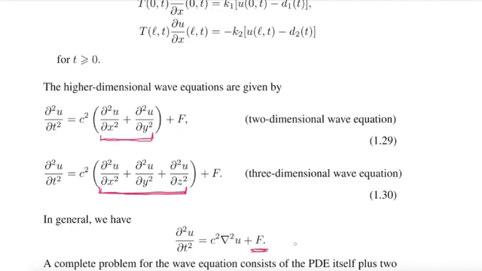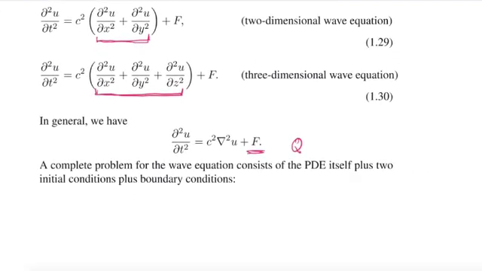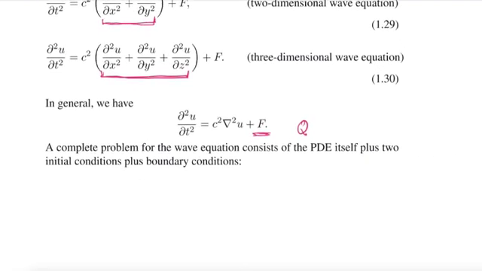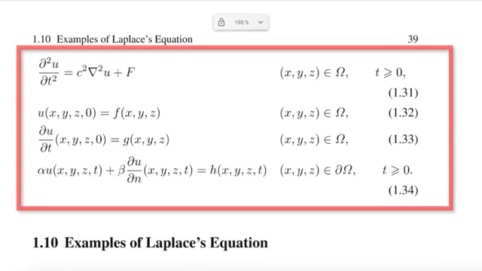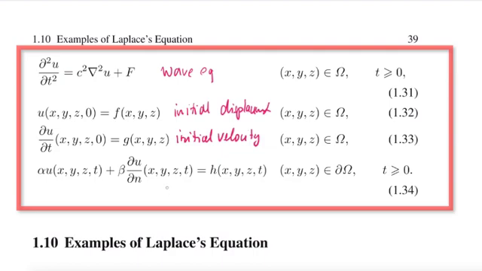This was the gravity term Q, which we removed earlier. Now I put it back in to show you that this is entirely possible to do as well. So then to summarize, we have the wave equation, we have the initial displacement, we have the initial velocity, and then we have a general boundary condition.